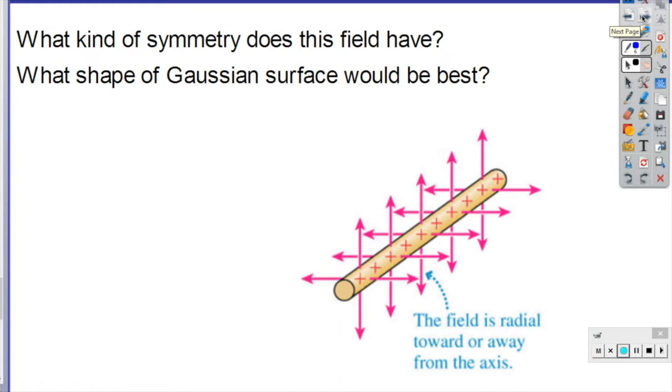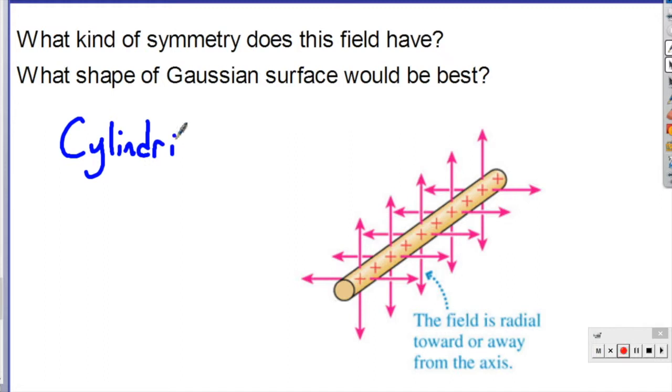So let's take a look at this. What kind of symmetry does this field have? Is it planar, cylindrical, or spherical? And therefore, what kind of Gaussian surface would be best? Well, if you answered that it has cylindrical symmetry, you were correct. And as a result, you might guess that we want to draw a cylinder, but we don't want to just draw any old cylinder.